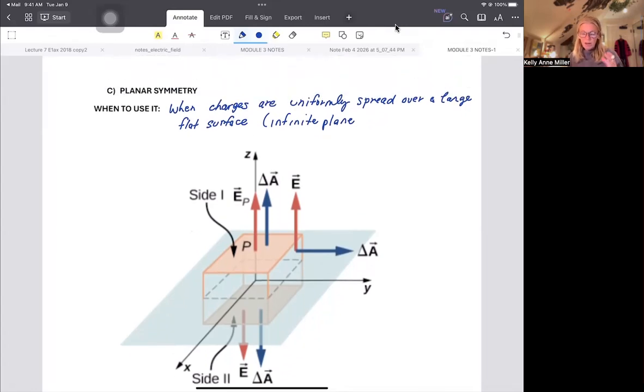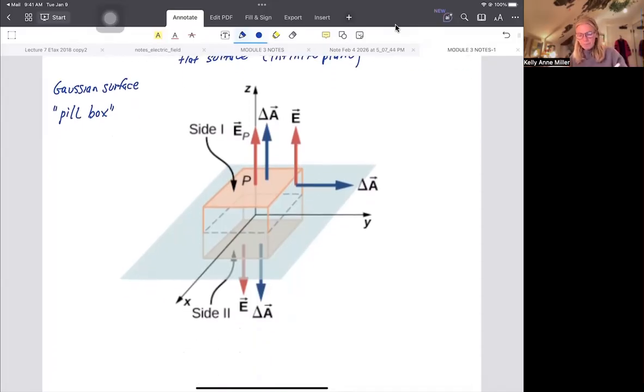When you have a planar symmetry, you draw what's called a pillbox. The Gaussian surface that you draw is referred to as a pillbox. It's basically a rectangle or a cube that spans above and below the planar surface.